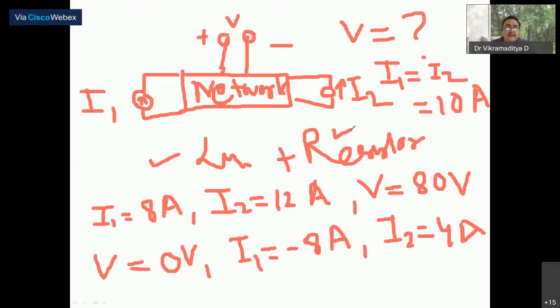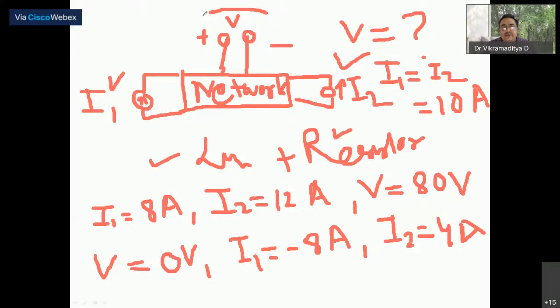So let the contribution by I1 be X. This V is produced by the contribution of two sources. One is due to I1 and another is due to I2.